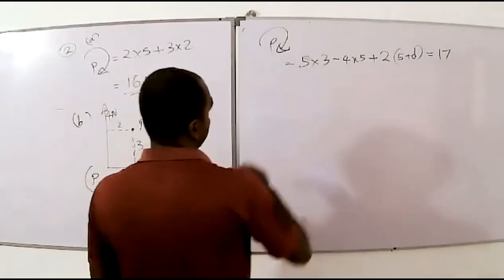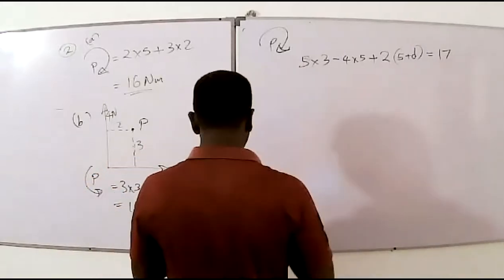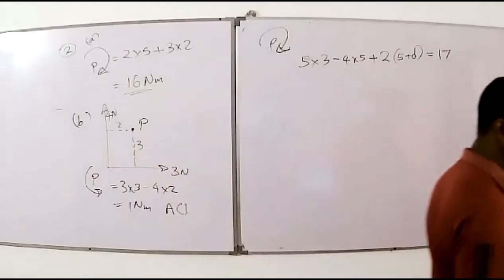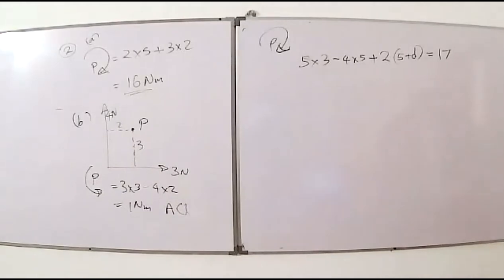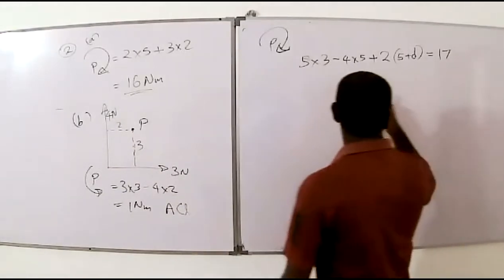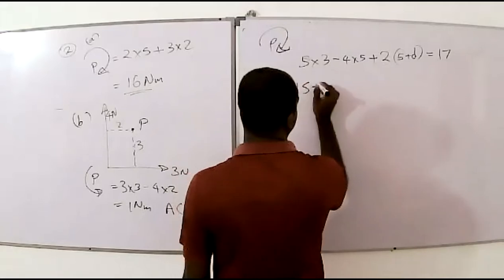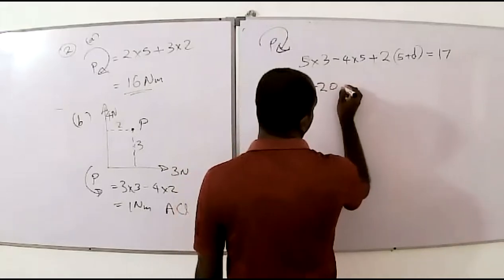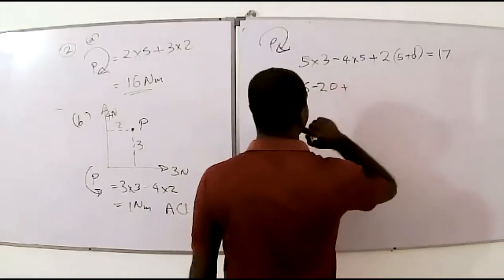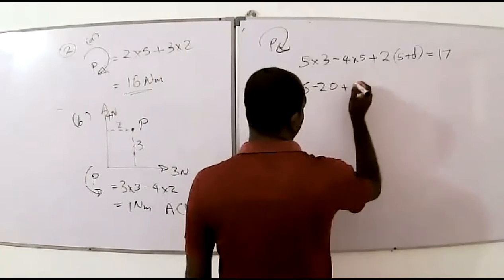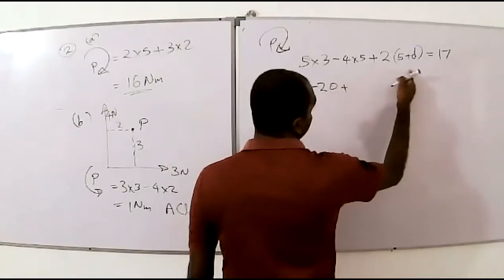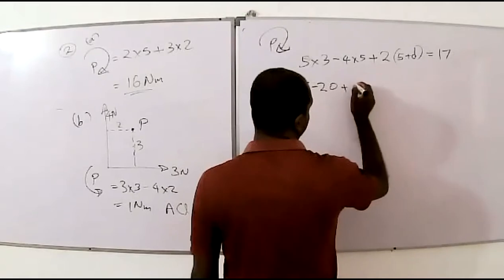So we have to solve this equation. Write 15 minus 20 plus, then here 10 plus 2b, no?